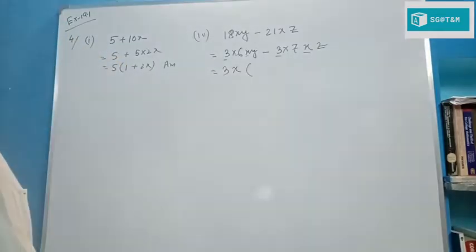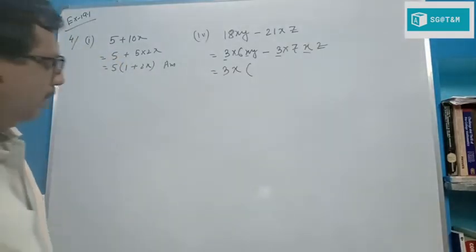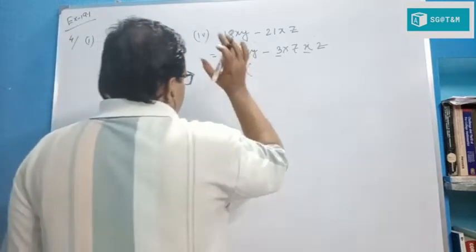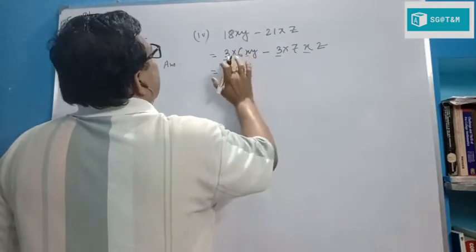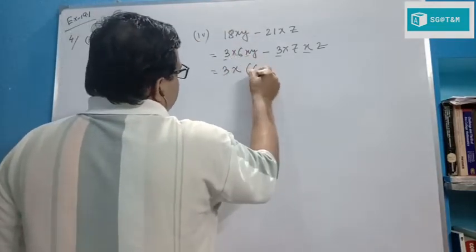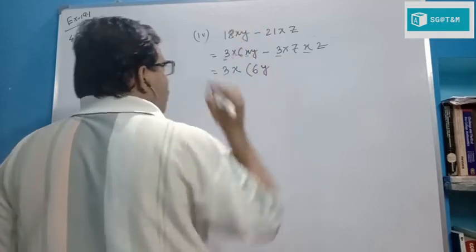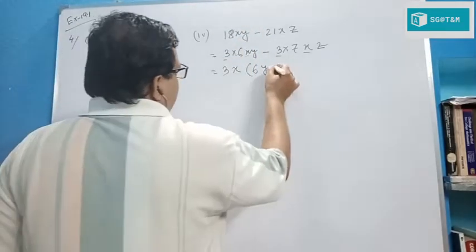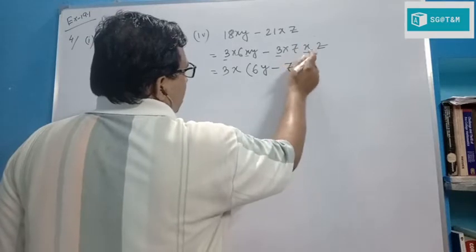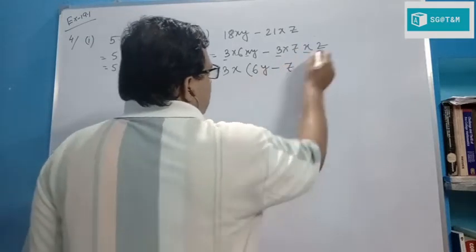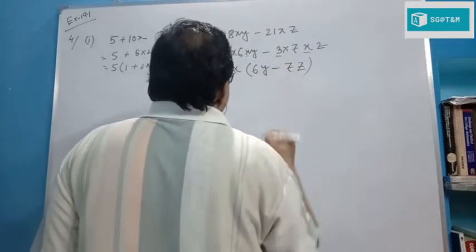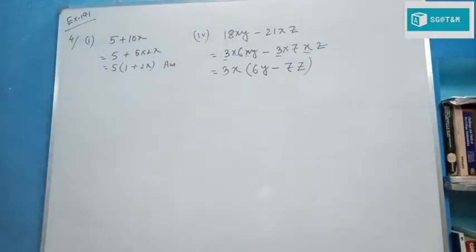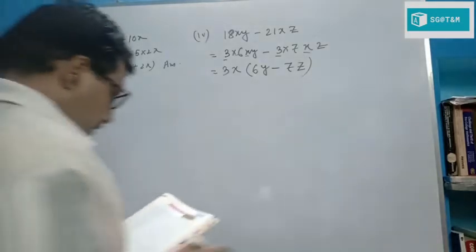Therefore the remaining term from the first expression is 6y. In the second one, 7 and z remain. So 3x into 6y minus 7z. This is the answer.